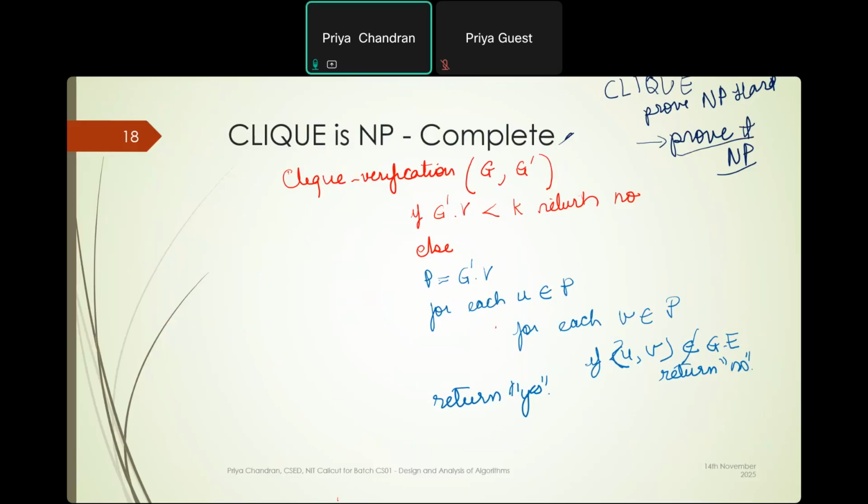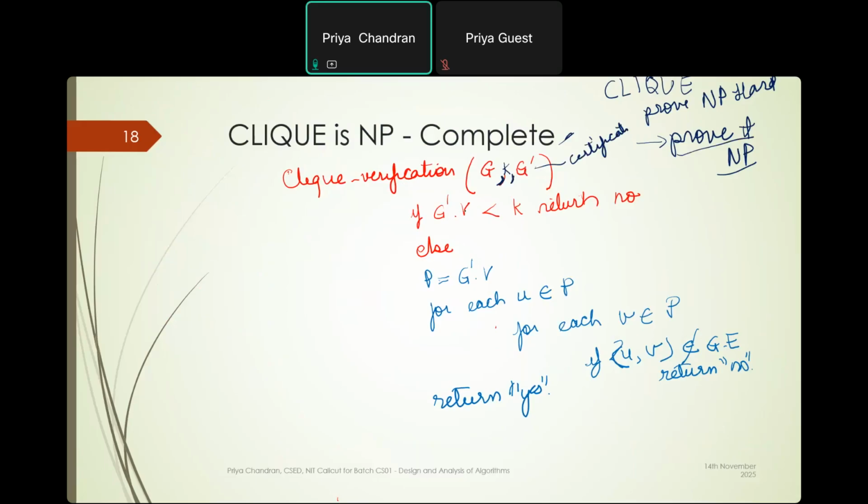It is just a clique verification in polynomial time. So we will take that clique verification. We are given a G, a K, and a G dash. That is, G, K is the problem and G dash is the certificate. We have to verify that this is a certificate to G, K belonging to clique.